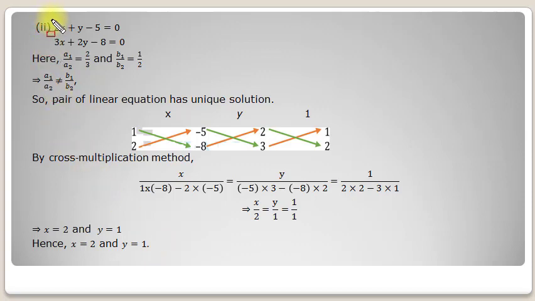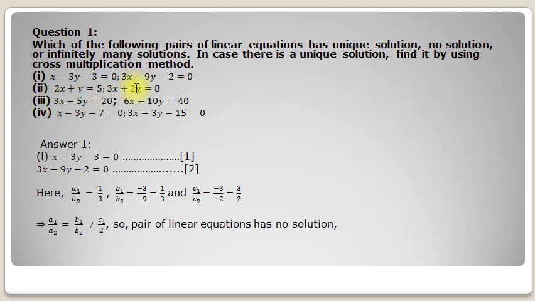In the second part of this question, we are given a pair of linear equations which is 2x plus y minus 5 equals 0, 3x plus 2y minus 8 equals 0. This was the second part of this question.